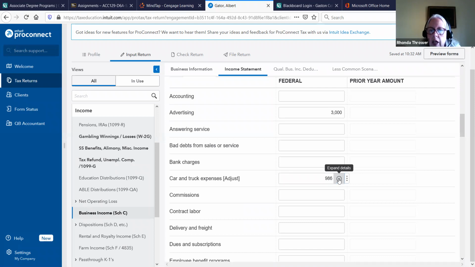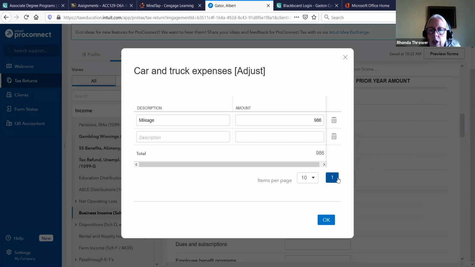And if you click on that, it shows you what I'm doing. I'm figuring up the mileage on the amount of the travel that was allowed for this particular problem. And the amount is 986. They did not give you this amount in the problem. You have to figure it based on your tax laws.